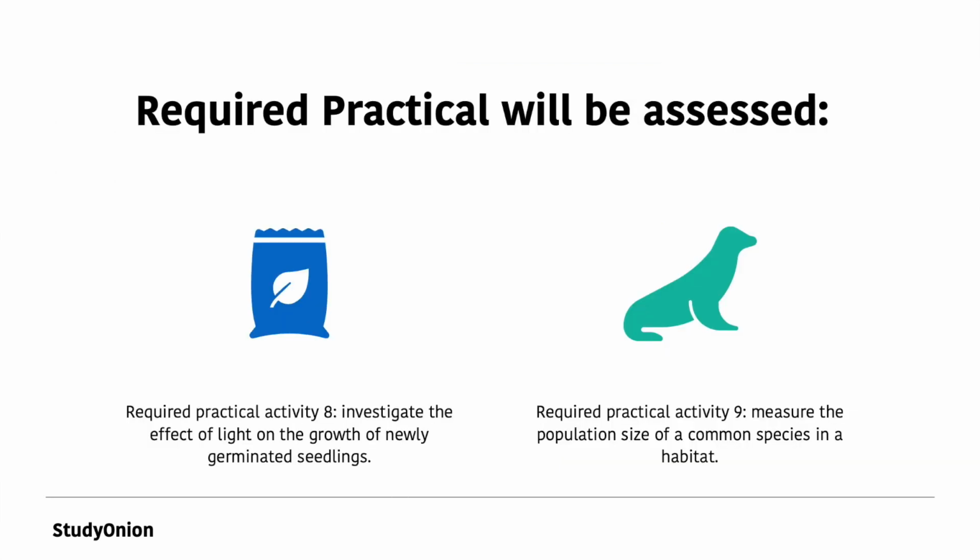And there are 2 required practicals which they've specified will be assessed in this paper. This is Required Practical 8, the effect of light on the growth of newly germinated seedlings, and Required Practical 9, measuring the population size of a common species in a habitat.